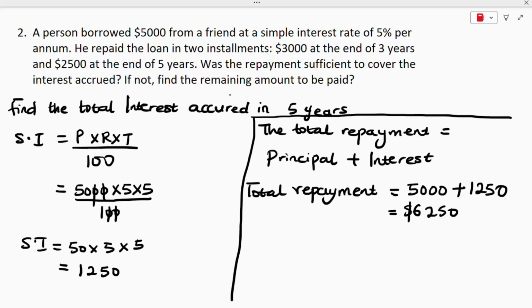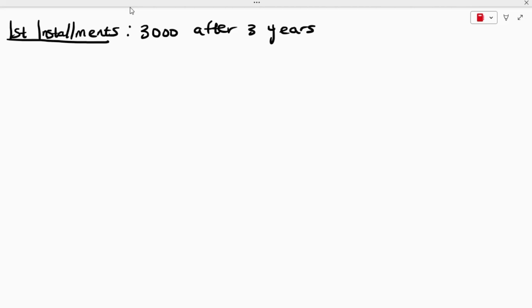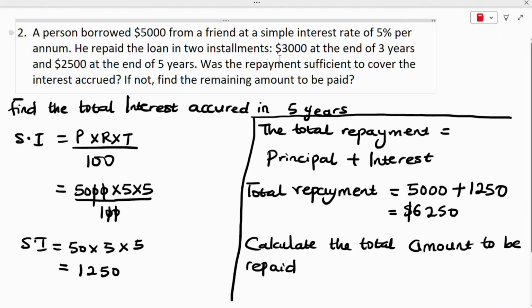Now let's simply calculate the total amount to be repaid. For the first installment, we have 3,000 after 3 years, and this was gotten from the question, which says 3,000 at the end of 3 years for the first installment.